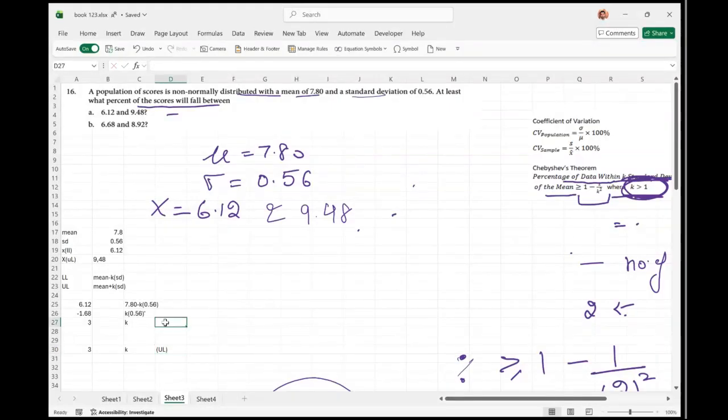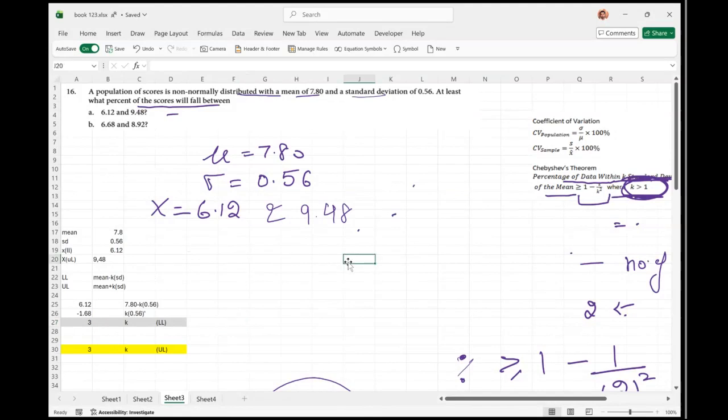And this is the lower limit. So we got the values. K value is 3 on both sides, and most of the time when you are using the Chebyshev theorem, you will get the same k value.